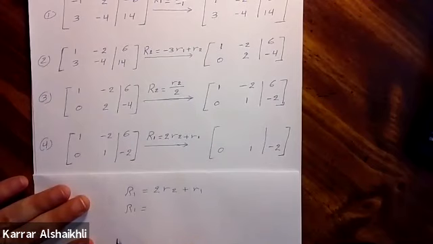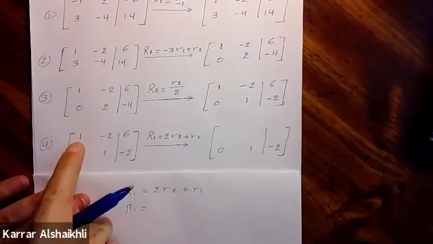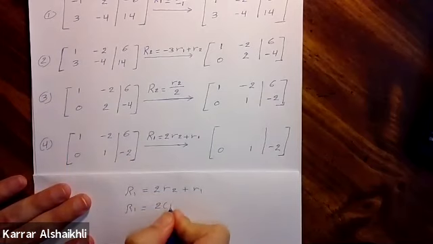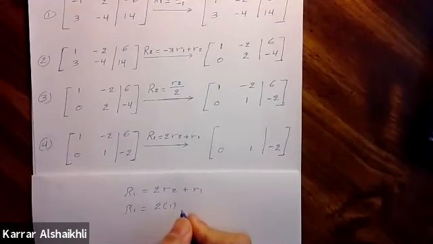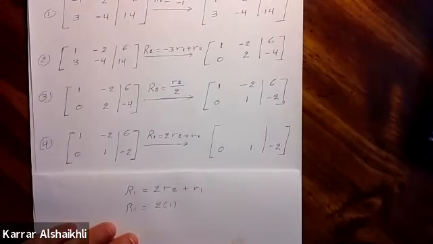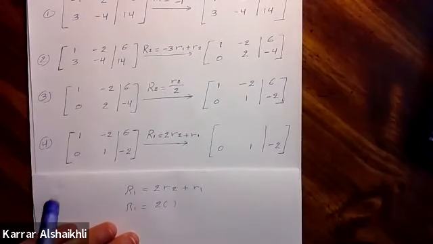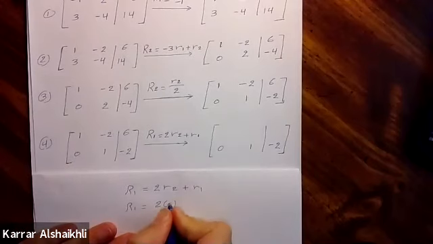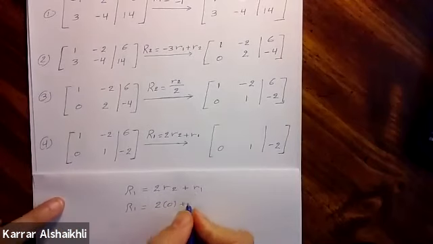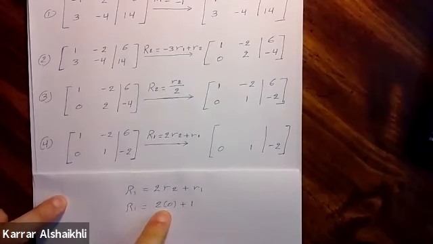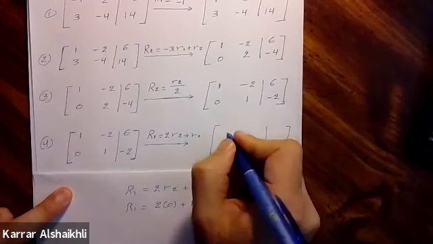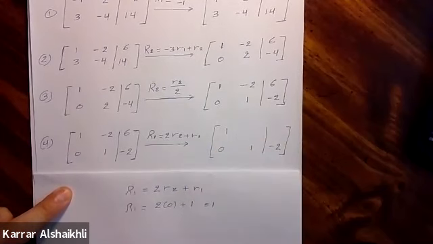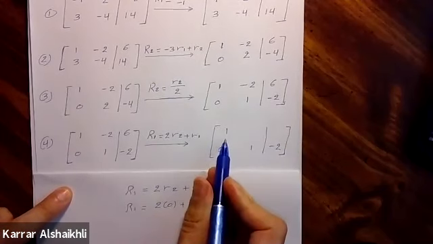R1, the first number: 2 times 0, because 2 times R2, plus R1 is 1. 2 times 0 is 0, plus 1 is 1. That means here is going to be 1. You see, it's exactly the same number, it didn't change.